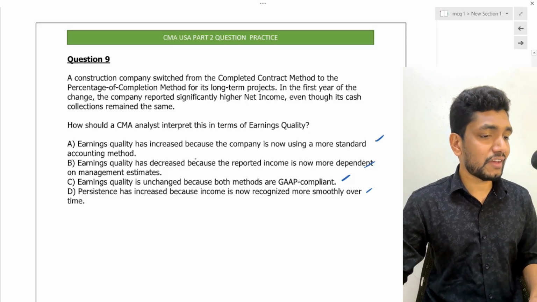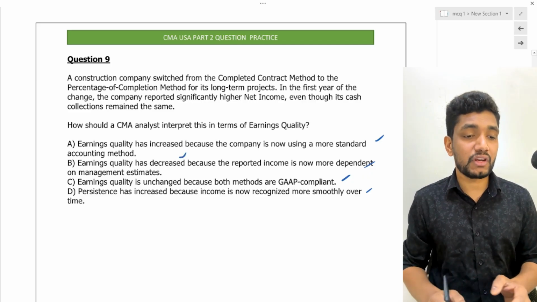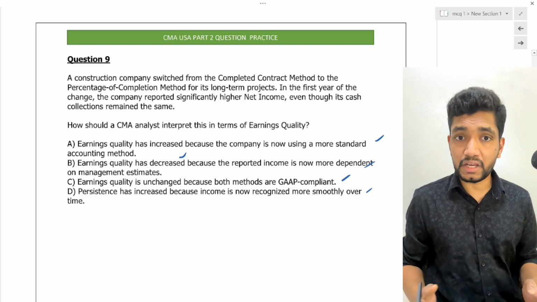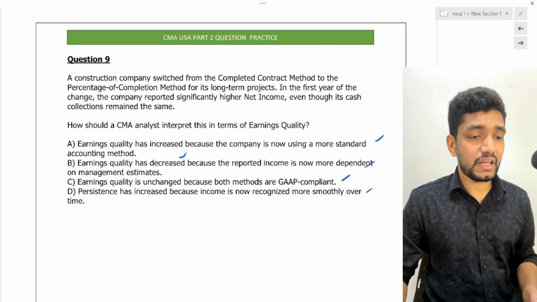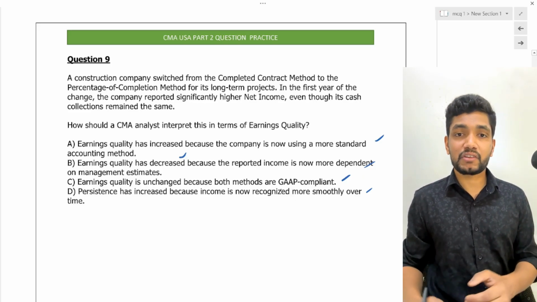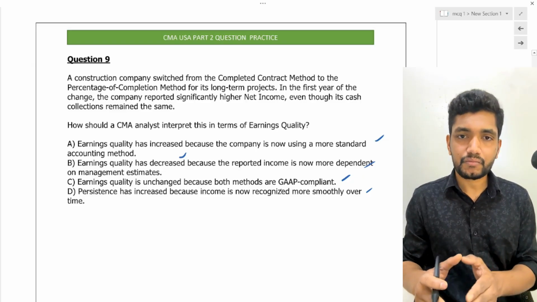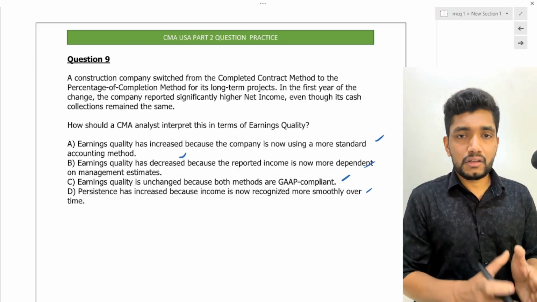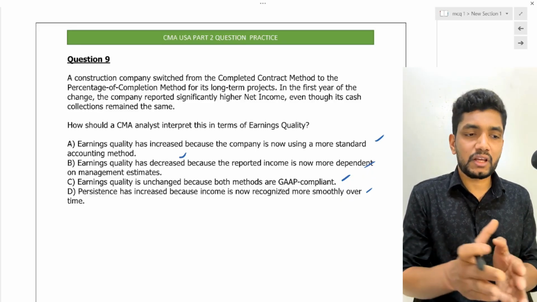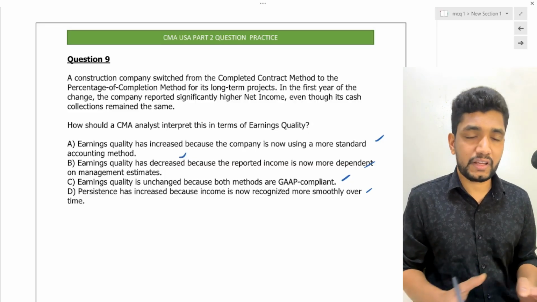So the earnings quality has decreased because the reported income is now more dependent on management estimates. The management can estimate the percentage of completion in this case. Again, it is already mentioned that the net income is not supported by cash flow or cash collection.